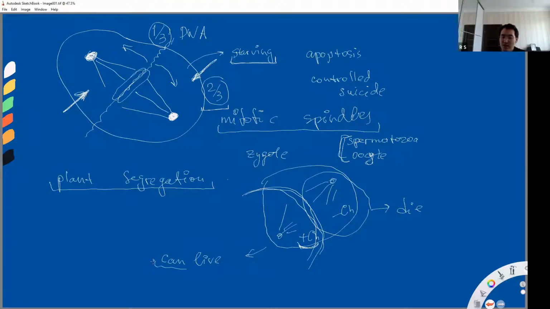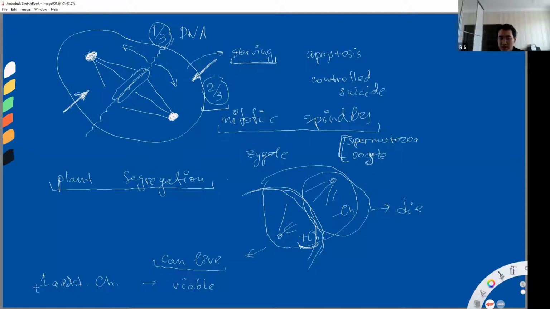And in this case, in the adult organism, whenever we have a fusion of spermatozoid and oocyte, we will have one additional chromosome, and this cell will be viable, which means it can live, okay?